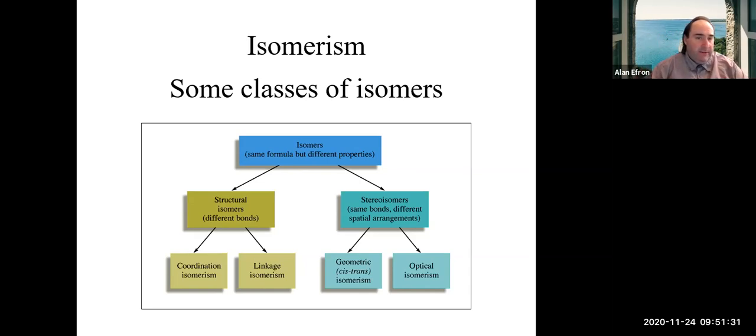Why it's important to recognize those types of ligands as monodentate, bidentate, or polydentate is that it affects the coordination number. The coordination number is the number of atoms that are directly attached to the metal in the complex ion, and those atoms come from the ligands. So if you had something like Cl minus, it's going to attach in one place, so for every one of those Cl minuses, you get one coordination number.